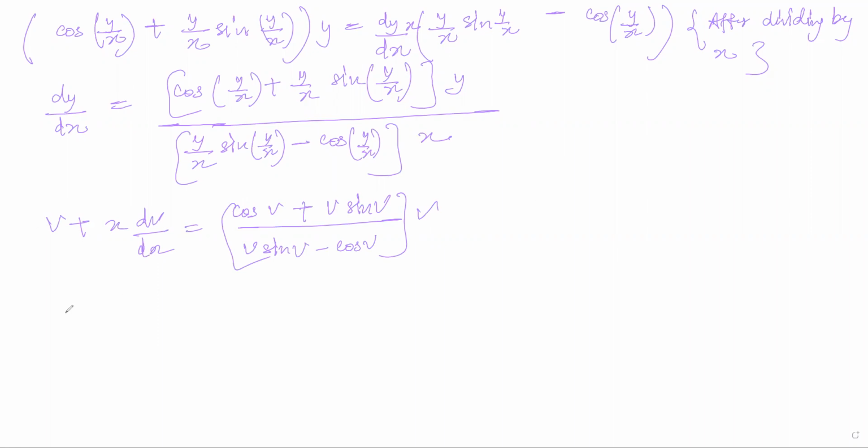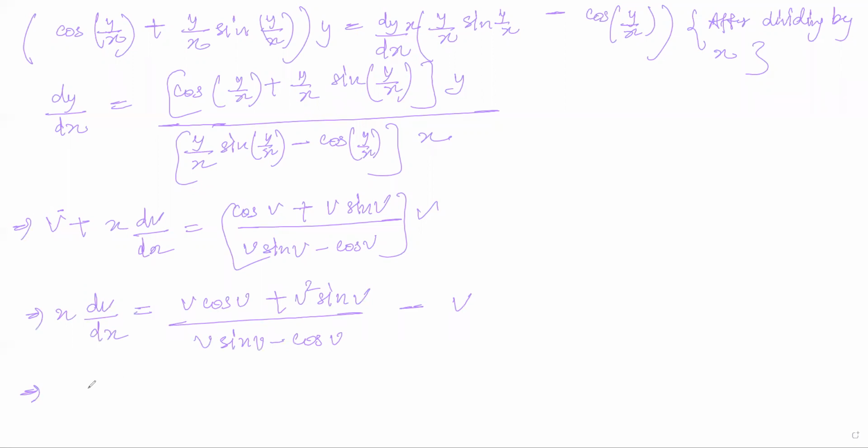Take v into the right hand side. This becomes x into dv by dx is equals to v cos v plus v square sine v divided by v sine v minus cos v, and this v goes to right hand side as minus v.